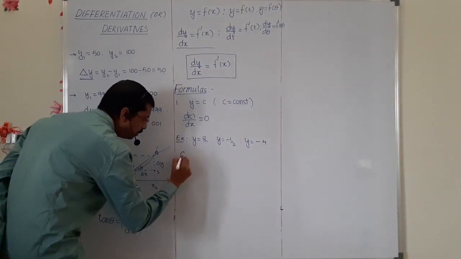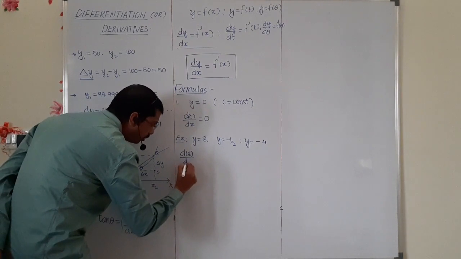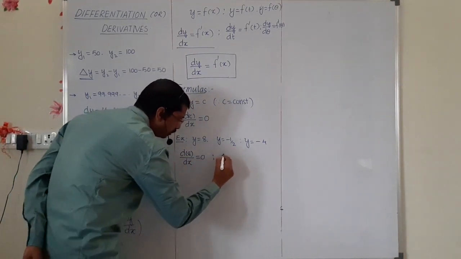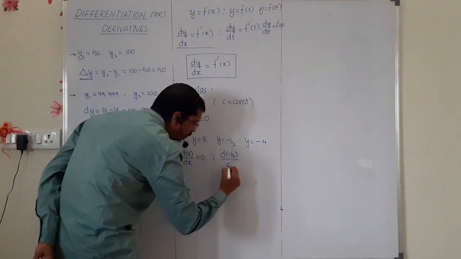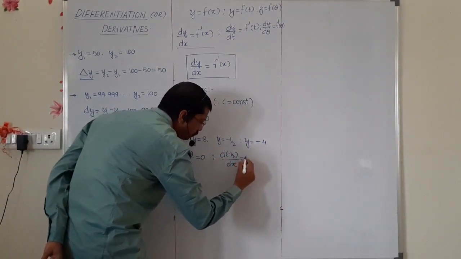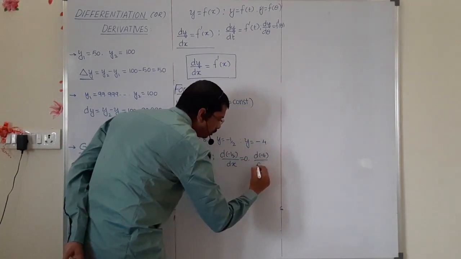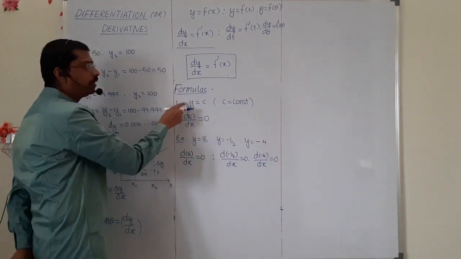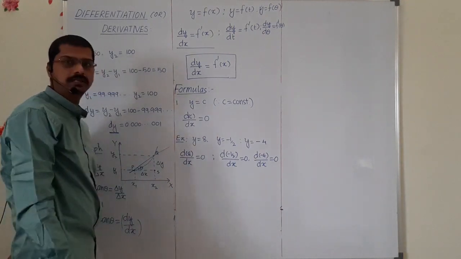Now if you take here d8 upon dx is equal to 0, and d minus 1 by 2 upon dx is equal to 0, and d minus 4 upon dx, which is also 0. Why? Because according to this rule, the derivative of a constant is always 0.